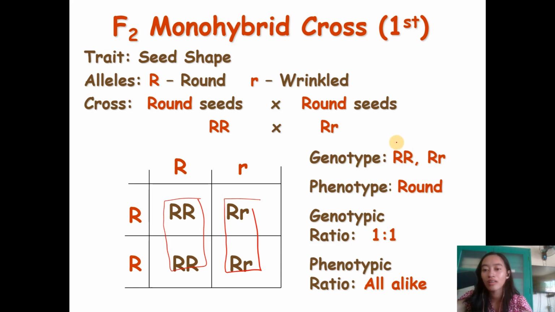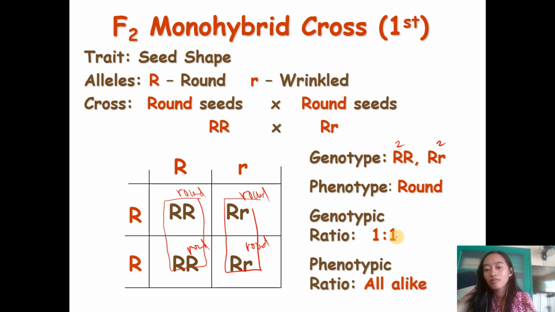Two of each. Phenotype: this one is all dominant, so round. This one is dominant and recessive, but one is still dominant, so it is still round, and this one is all round.